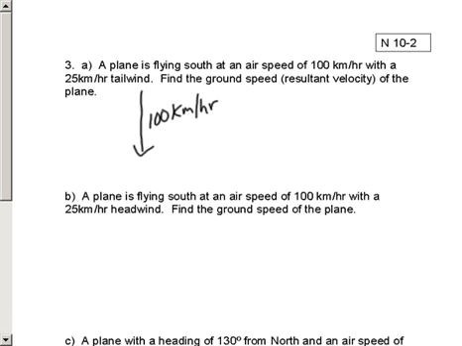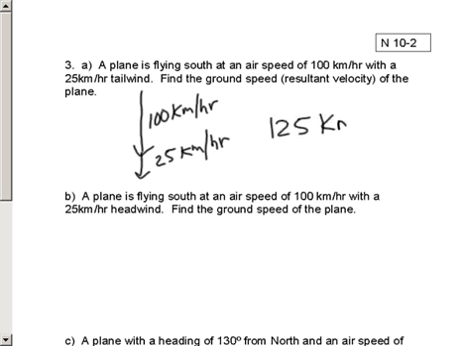So you have a plane going 100 kilometers per hour south with a tailwind of 25 kilometers per hour. So it's also going south. So if you just take the plane vector, add it to the wind vector, what do we get? Good. It's the magnitude of the plane plus the magnitude of the wind.